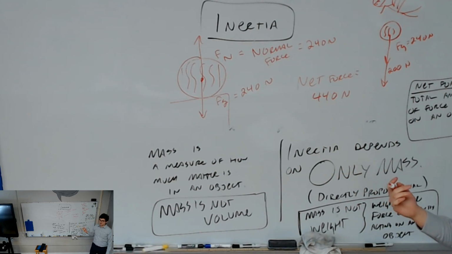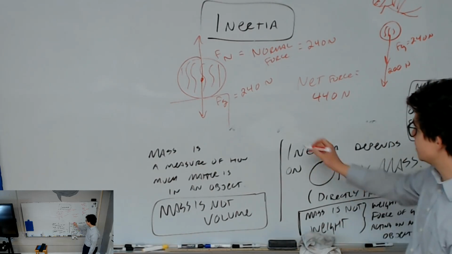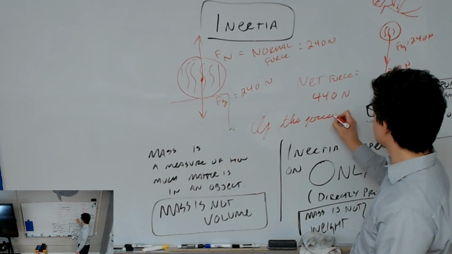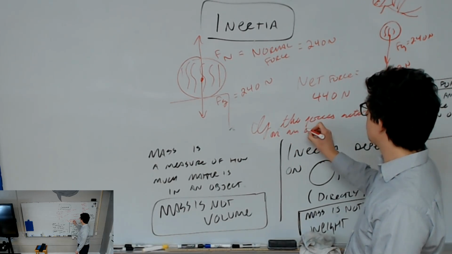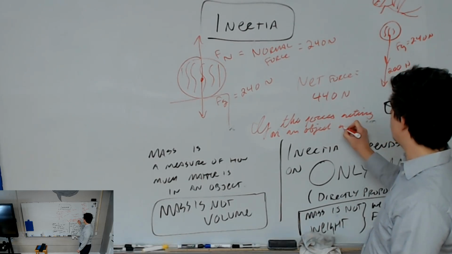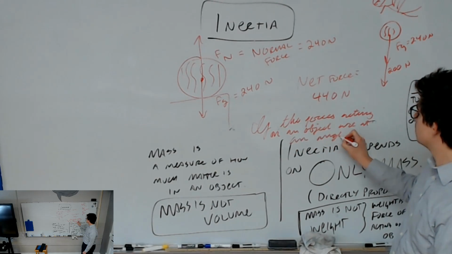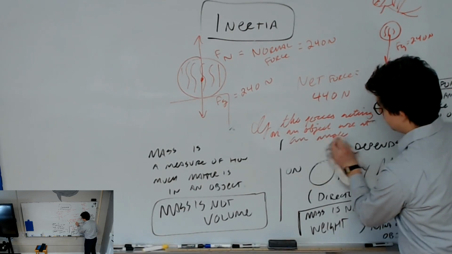What happens if they're at an angle? We can do our favorite thing: math. Let's write this down. If the forces acting on an object are at an angle, use what kind of math?